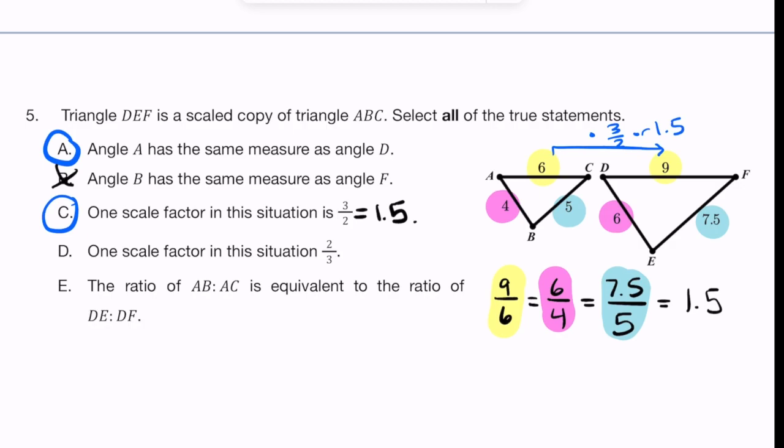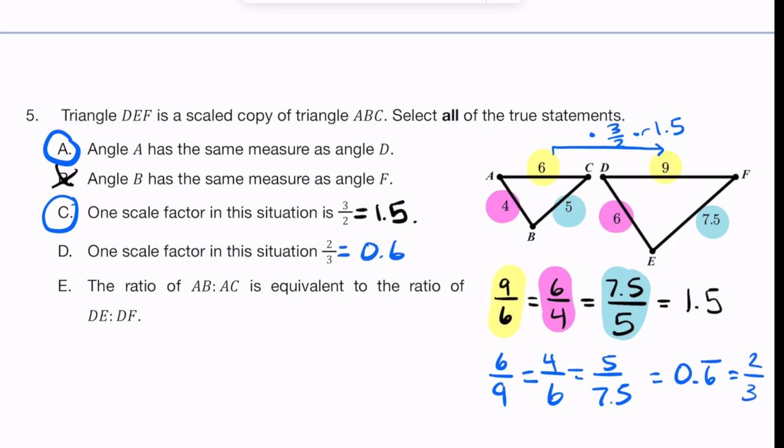But then we can also go in the other direction. We can go from the bigger one to the smaller one. We could set up the ratios, but now in the other direction. So we could do 6/9, 4/6, and 5 divided by 7.5. If we did that, we'd get 0.6 repeating, which is equal to 2/3.